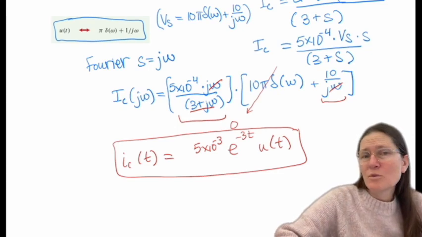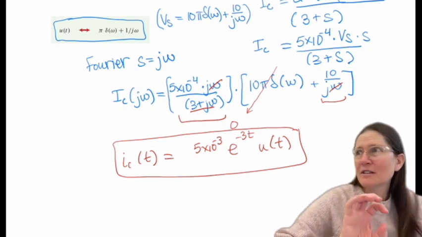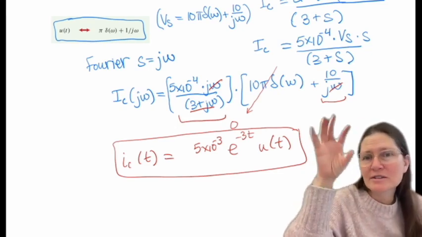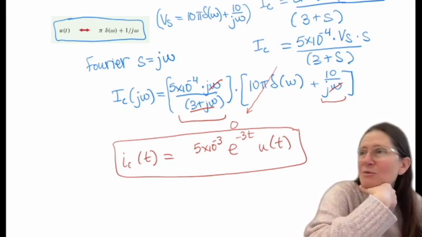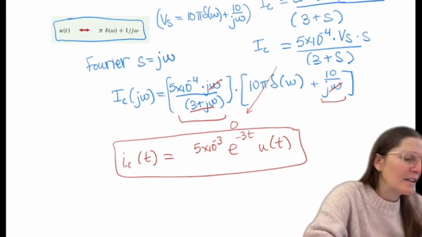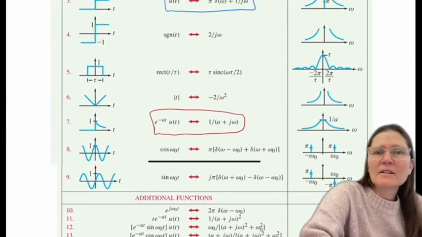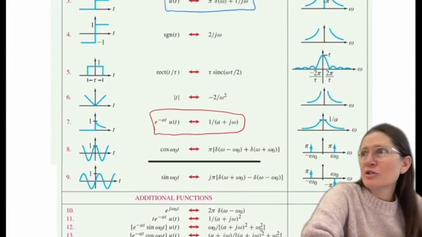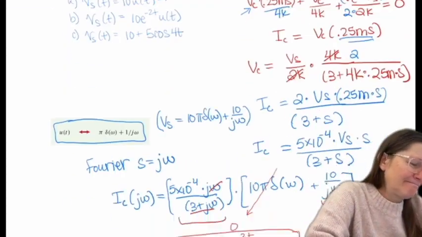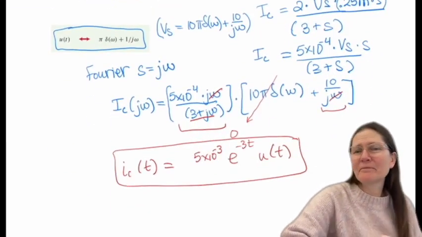When you multiply that, the j omegas cancel. And then remember the constants on the top just come out, so that's 5 times 10 to the minus 3. And so you're just left with the 3 plus j omega in the bottom. And then you use the transform for that. Easy peasy. And that's it. So that's where that came from.